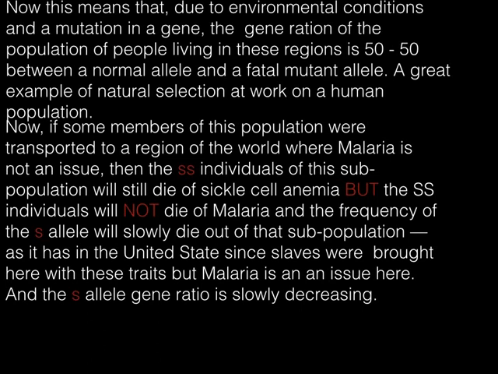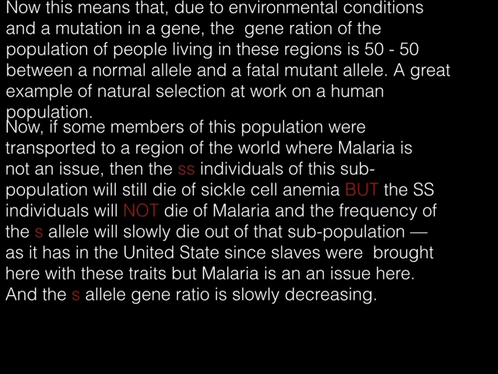Now, if some members of this population were transported to a region of the world where malaria is not an issue, then things change. The homozygous recessive individuals of this subpopulation would still die of sickle cell anemia, but the homozygous dominant individuals, big S, would not die of malaria because it's not there.